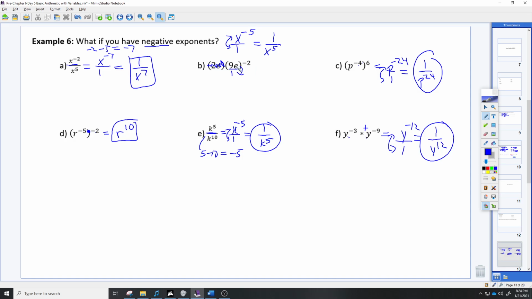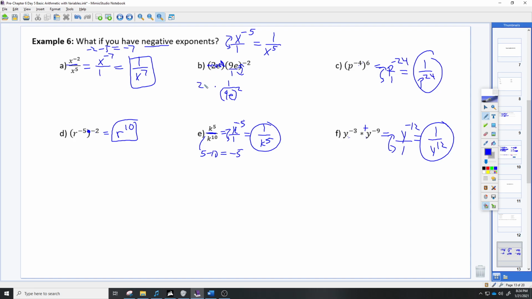That will make this become 9e to the positive 2nd power. So let's flip this around. We're going to have 1 on top, 9e, and now that is to the 2nd power.